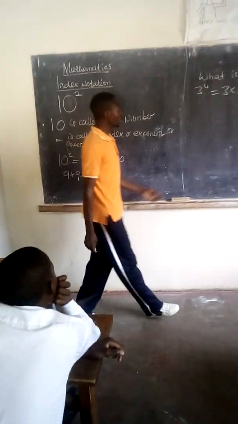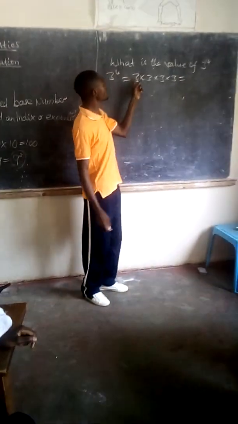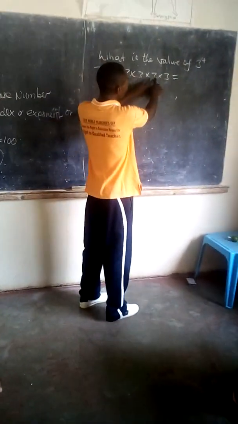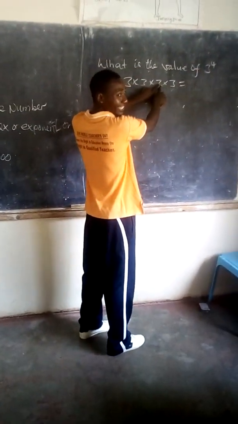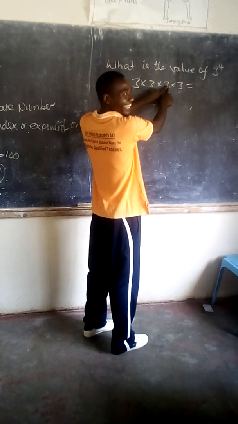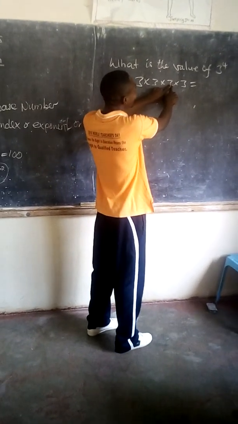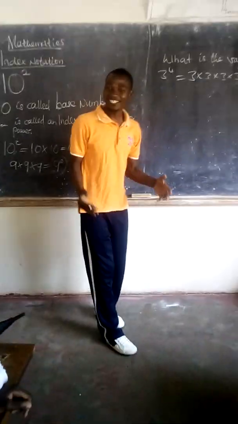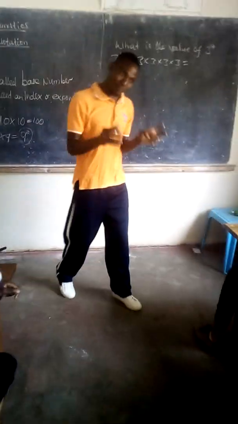Let us do it together. 3 times 3? 9. 9 times 3? 27. So this is where we have a problem.